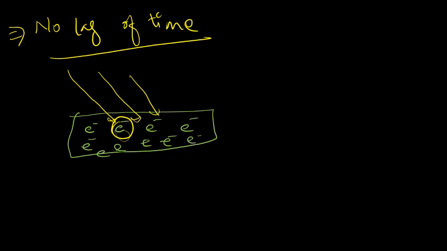So when this electron absorbs the energy of the incident photon, it will be emitted from the metallic surface without any lag of time. This was important to consider in Einstein's photoelectric effect.